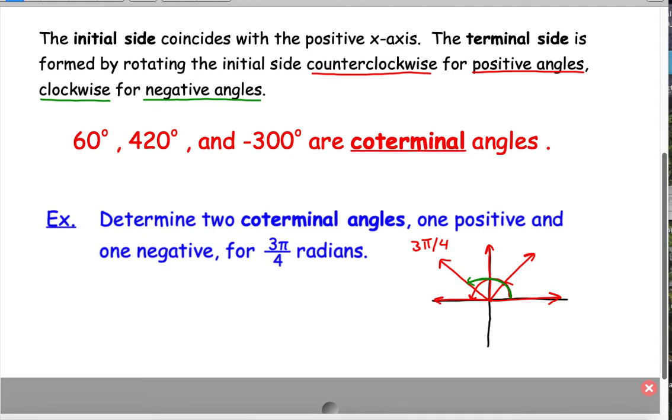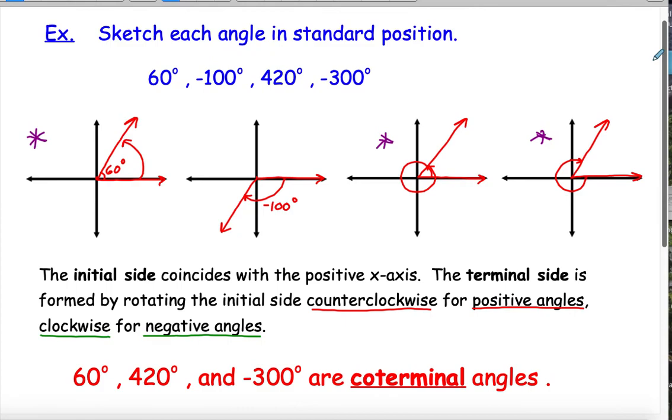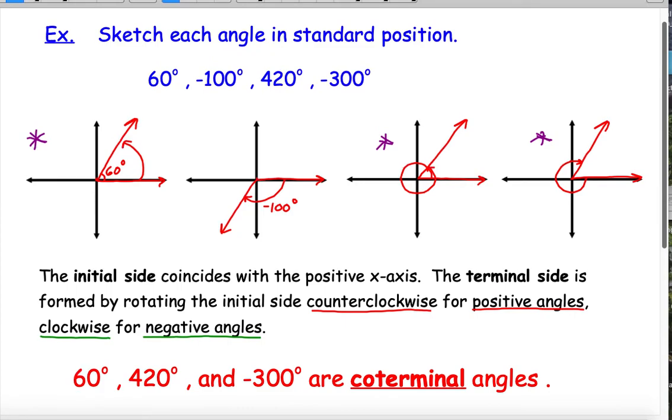All right, so we want to wind up in that same spot. So what do we do to get there? Well, look what we did in these problems. How did I get to the 420? Well, notice that I went around one complete time, 360, and then another 60. So basically I added one full circle to get back to that same spot.